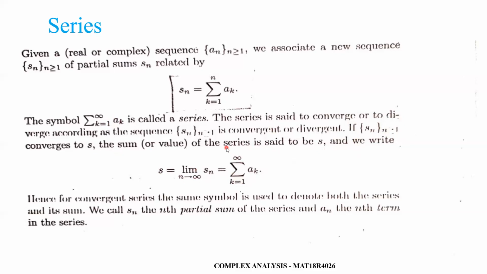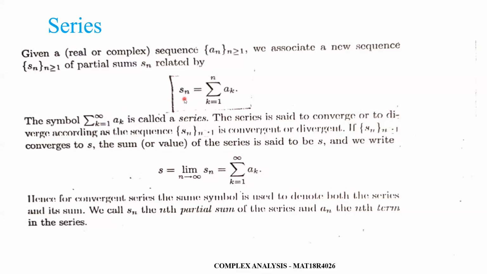So in conclusion, I can say that if the sequence of partial sums of the given infinite series converges, then we will say that the infinite sum converges, and it converges to the limit of the sequence of partial sums.